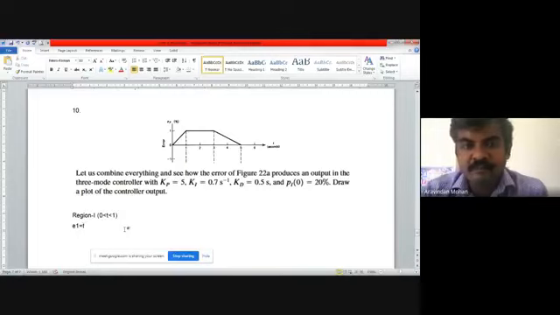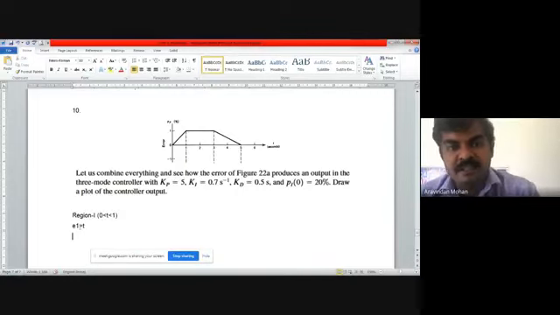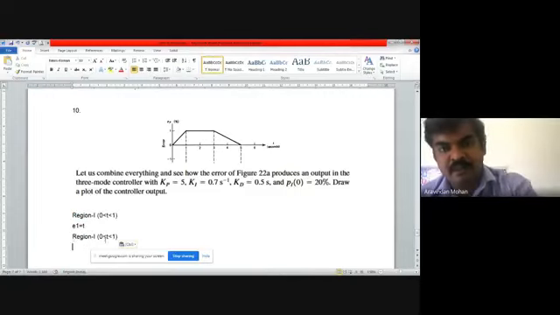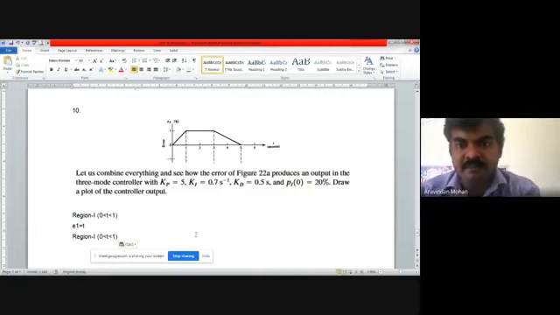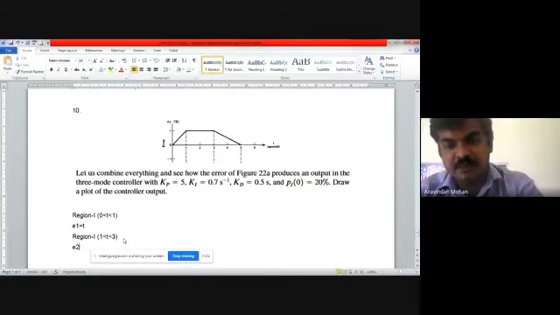Then coming to region 2. Region 2 can be taken between 1 to 3. In this particular region, let us call the error value E2, which is equal to 1, because the error is constant there.